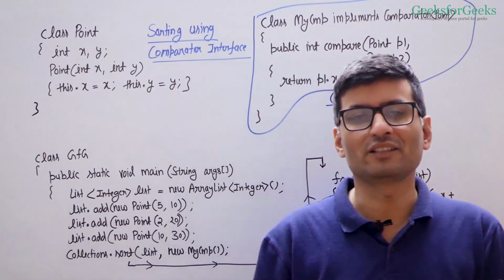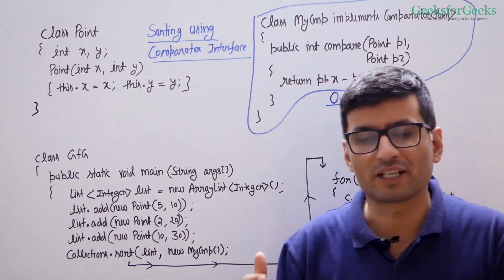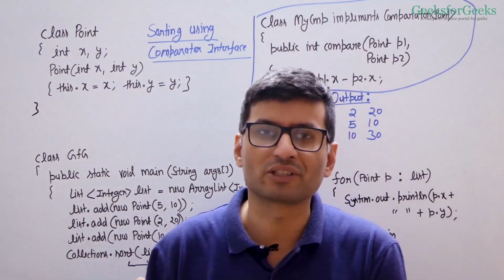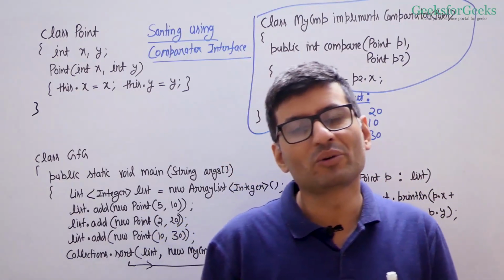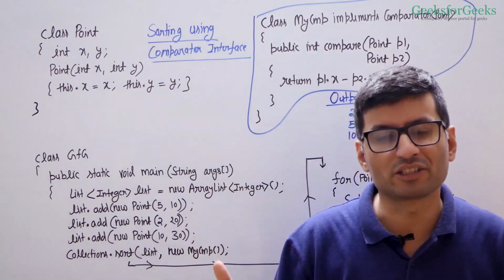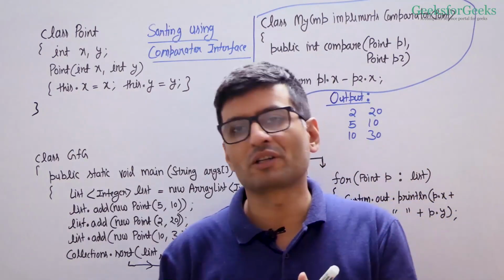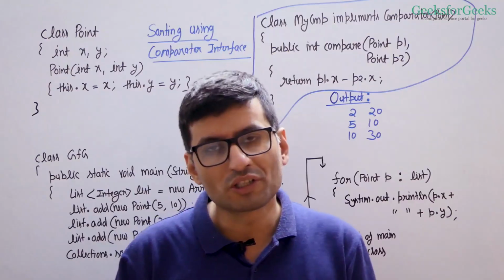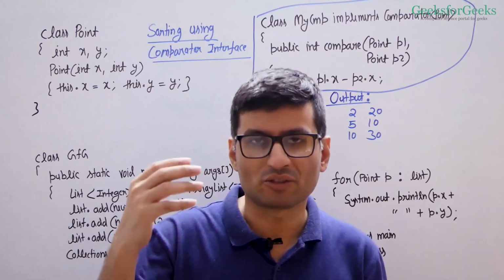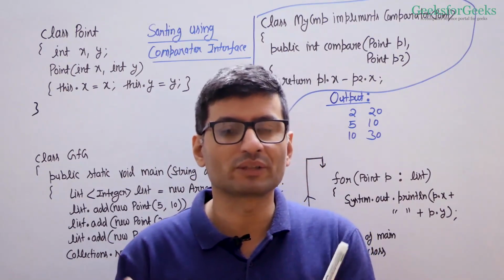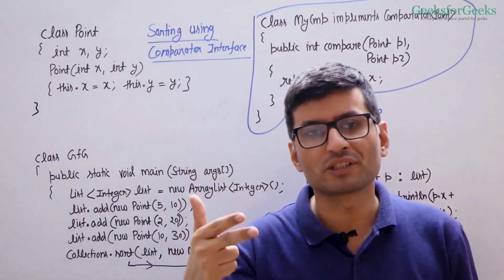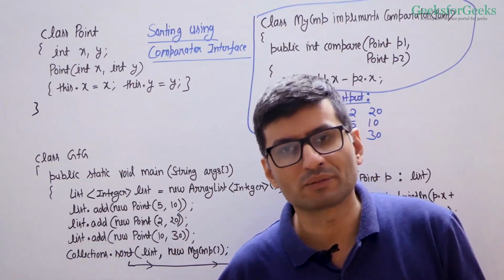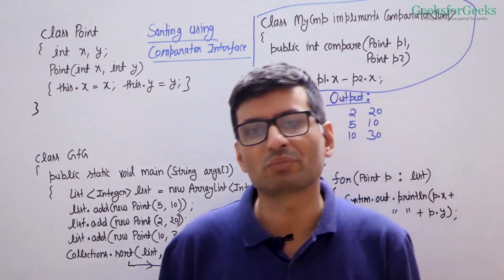So if you see the Java documentation of arrays.sort and if you see the Java documentation of collections.sort, you will notice that there are multiple declarations of arrays.sort for different data types. So there are two versions in arrays.sort, one that sorts the whole array and one that sorts a subarray. So these two versions are declared for all primitive types, right? And then there are versions for non-primitive types.